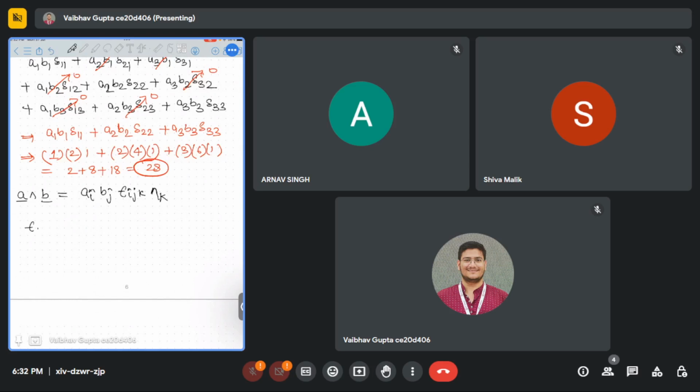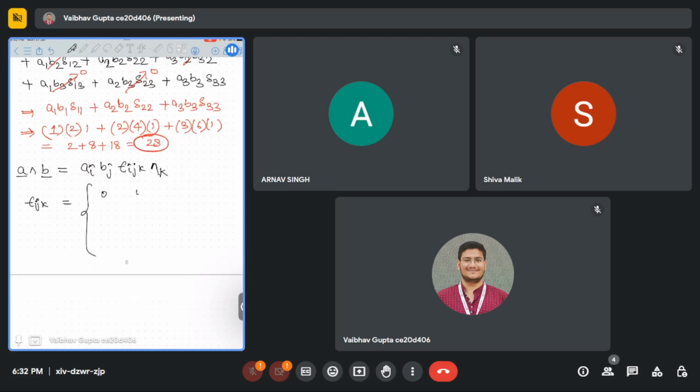Here n is nothing but a unit vector. So what is epsilon ijk? It will be equal to 0 when i is equal to j, or j equal to k, or k is equal to i, or it will be equal to 1 when ijk goes in a clockwise direction.